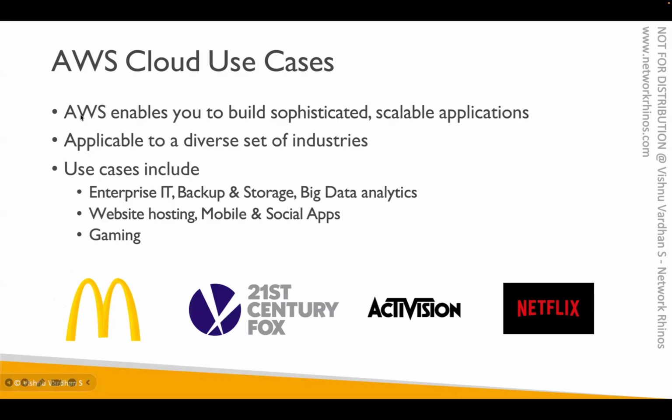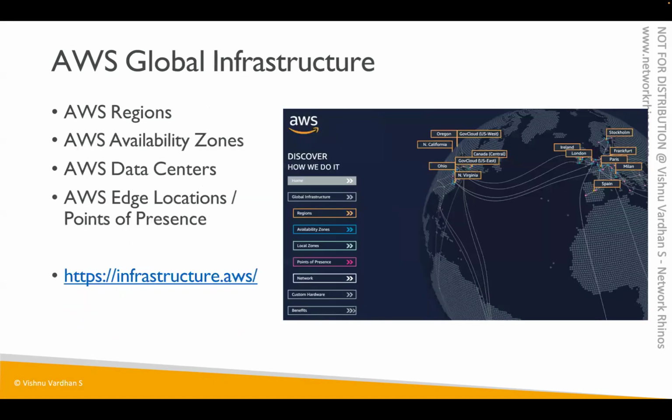AWS enables you to build sophisticated and scalable applications for a diverse set of industries, from restaurants like McDonald's, to movie companies like 21st Century Fox, Activision, Netflix, all the way to mobile applications. Everything AWS is handling. So end to end, for any company and any use case, AWS is used. Okay.